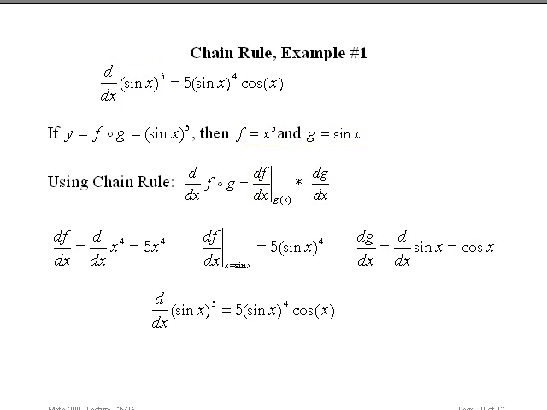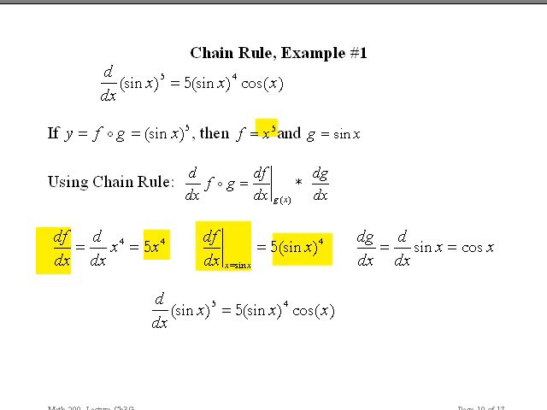So I need to find all the little pieces for this thing. All right, first I need df by dx. Well, I said f was x to the 5th, so I'm taking the derivative with respect to x of x to the 5th, and I get 5x to the 4th. Now I need to evaluate that result at sine x. So wherever there's an x, I put sine of x, and here I have that term.